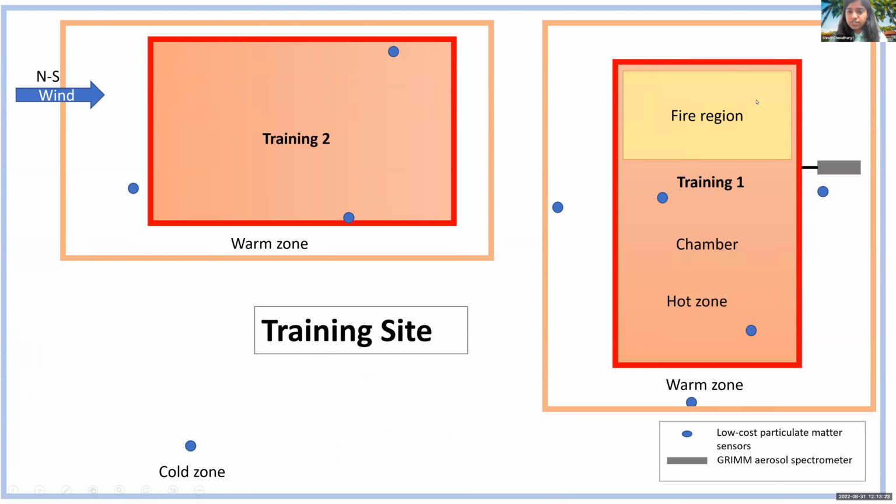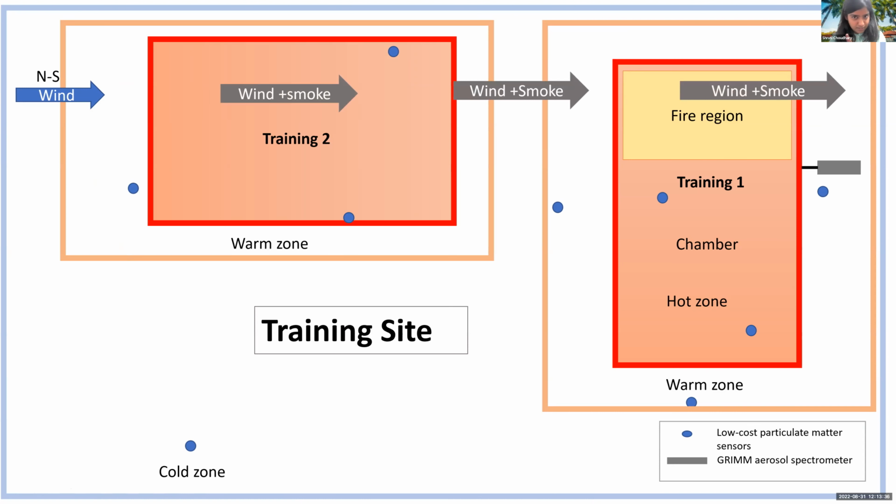The orange region is the hot zone, the light orange region is the warm zone, and this entire blue region is the cold zone. The wind was north to south, as shown in this diagram. So the sensor in the cold zone wasn't being directly exposed to the smoke coming from these 2 training sites.